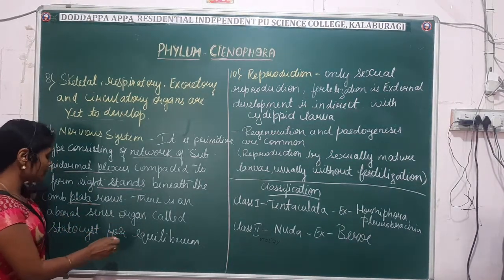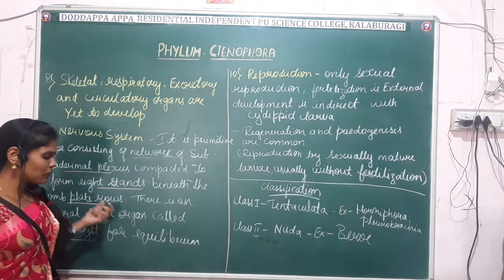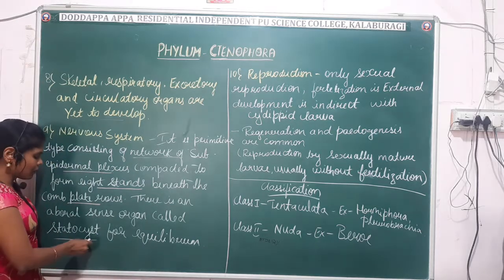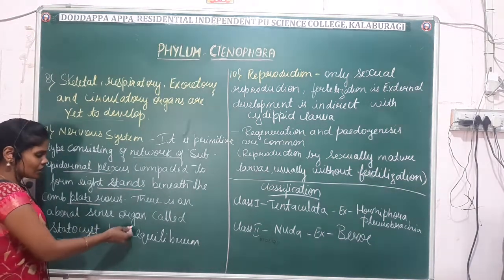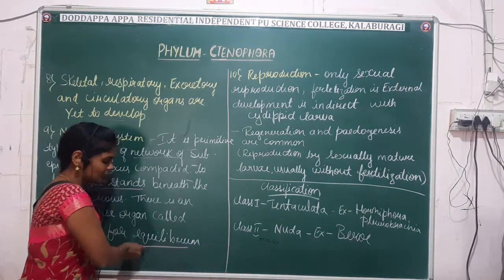It is also made up of sense organs, generally known as statocyst, which help for the equilibrium or the balancing of the body. They are made up of special sense organs known as statocyst for equilibrium.